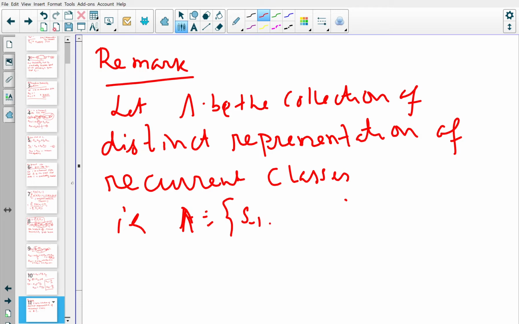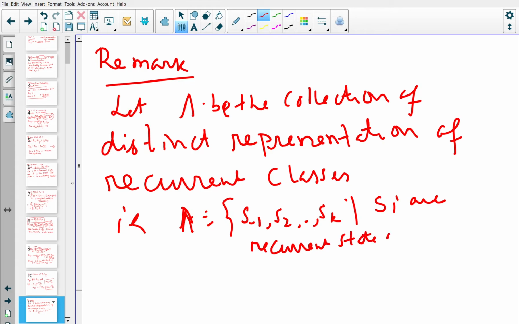Something like s1, s2, up to sk, such that the si are recurrent states with the class of si not equal to the class of sj for all i not equal to j.